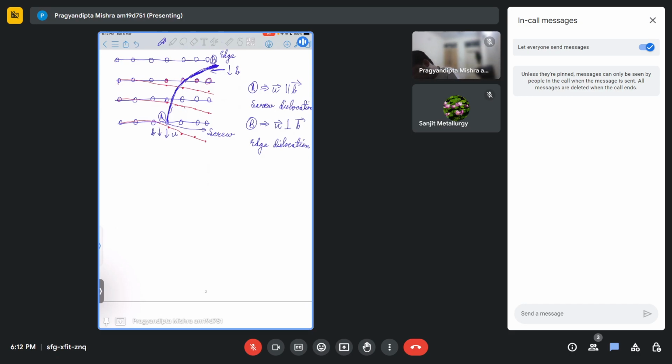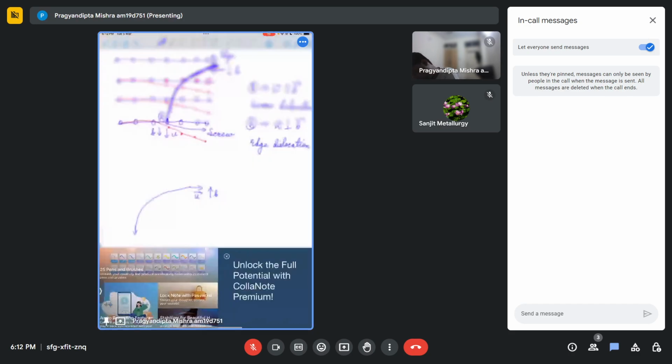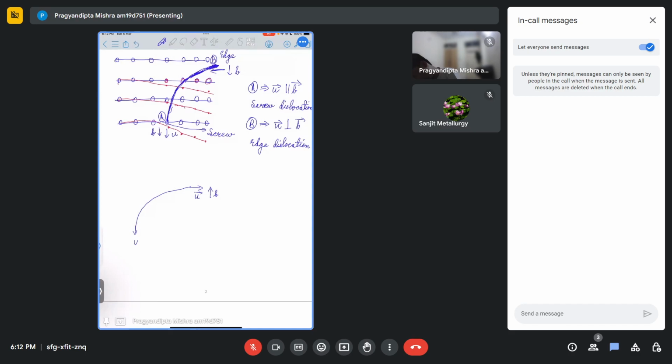So essentially, if you have a dislocation something like this, at one point you are having edge dislocation, while here you are having screw dislocation.